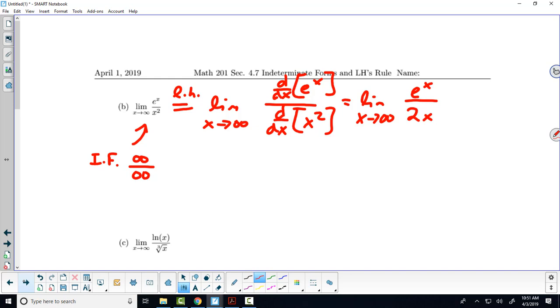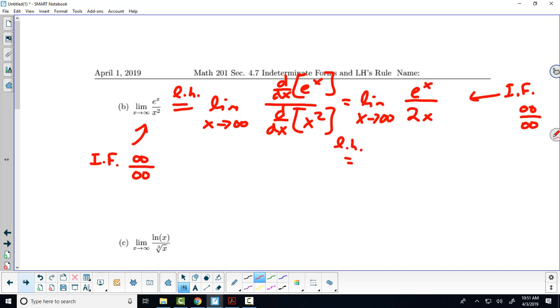Some might argue that the denominator just got less complex. It was quadratic, now it's linear. This still has indeterminate form infinity over infinity. Worked once. We didn't break it.